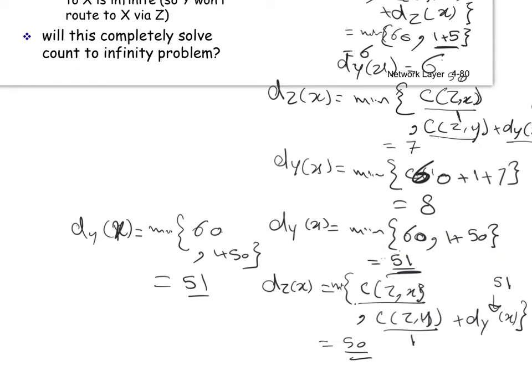Okay? Z does not know that the price that it has to reach X is in fact through Y, yet it actually informed Y, right? And Y does not know that the distance it has to X is actually through Z, and it informs that. Okay? So this is the problem.